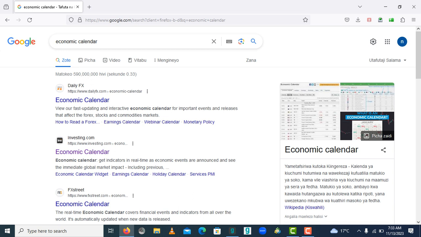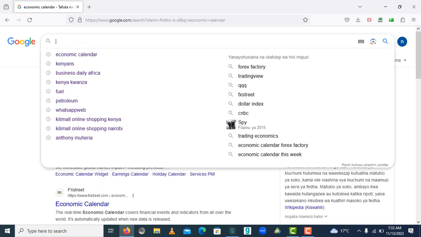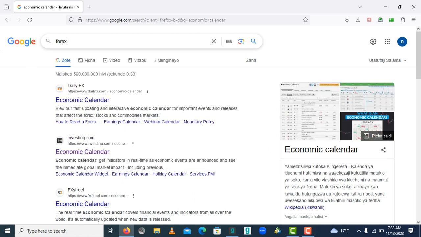The calendar that I like using, or the economic calendar that I like using, is the one for Forex Factory. Therefore, on my search bar, I will write Forex Factory, and then I search.